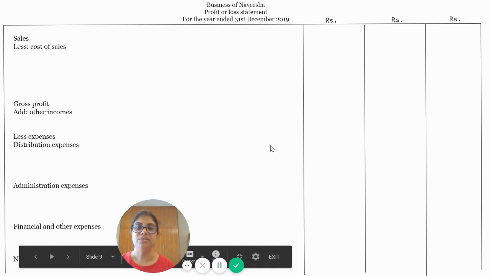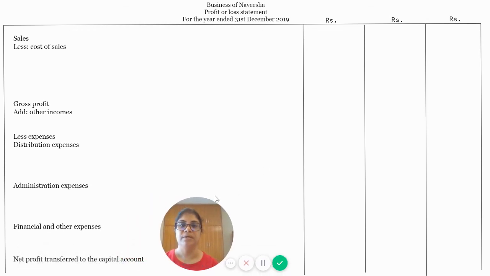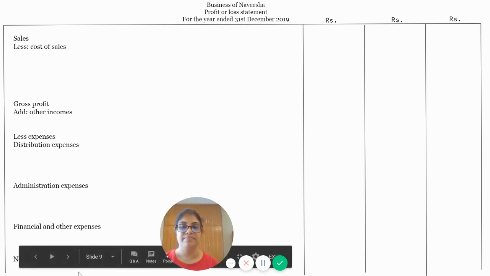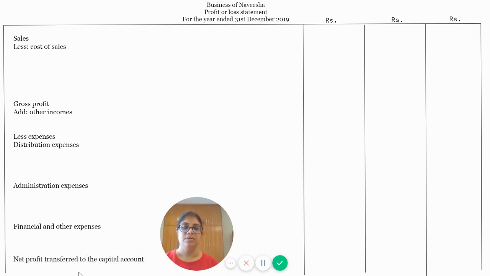I have given you the format of the profit or loss statement. And they are sales, cost of sales, gross profit, other incomes, expenses of 3 types. And finally, the net profit transferred to the capital account. These things you have to learn by heart.